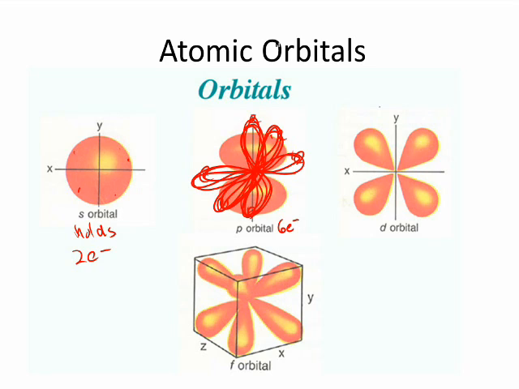The d orbitals, you can't see one coming out here. So the d orbital holds 10 electrons, so like 1, 2, 3, 4, 5, 6, 7, 8, 9, 10 electrons. Somewhere in this space, these orbitals hold 10 electrons.